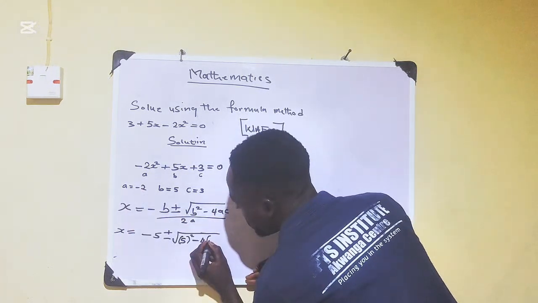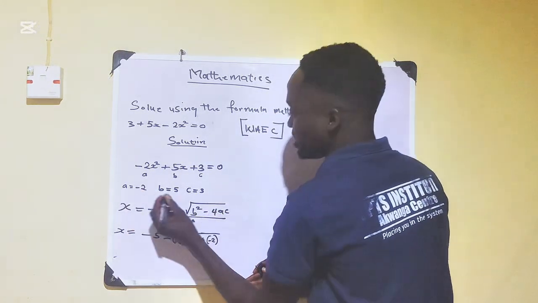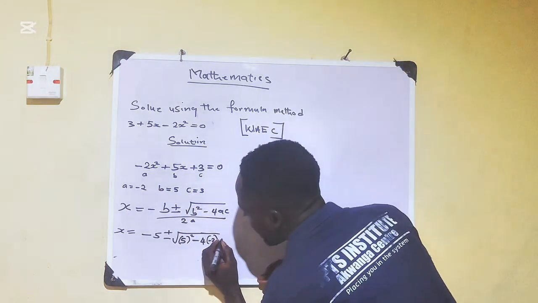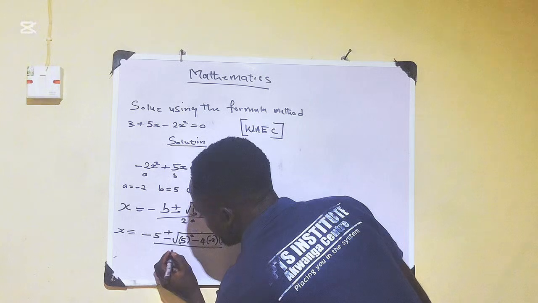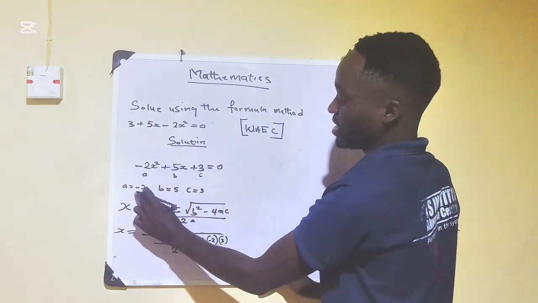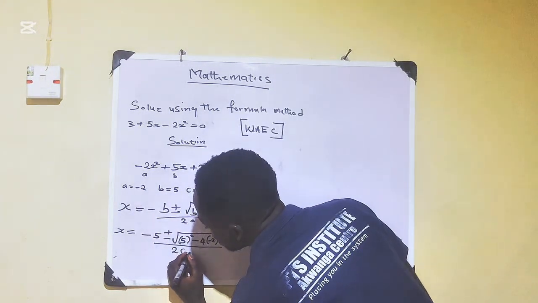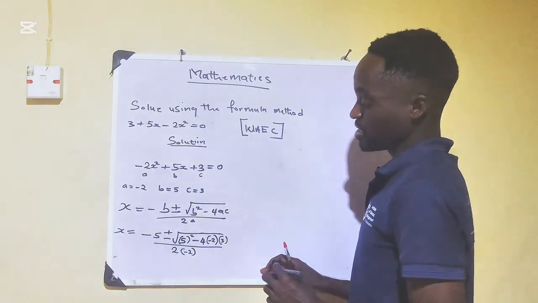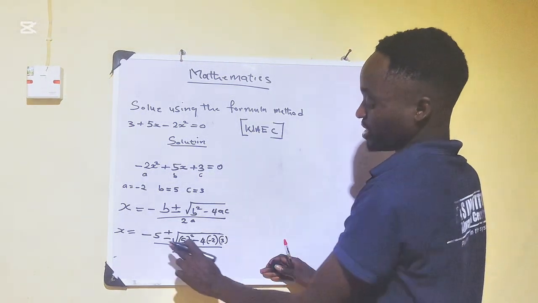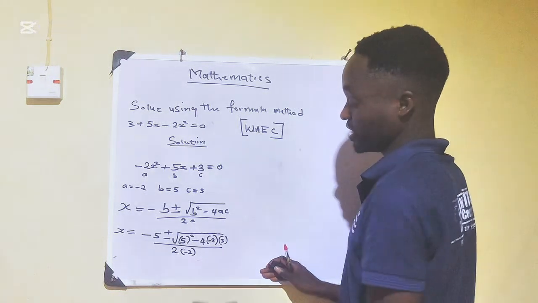Our a is minus 2, times c, which is 3, everything divided by 2 times a. What is our a? Minus 2. Is that clear?